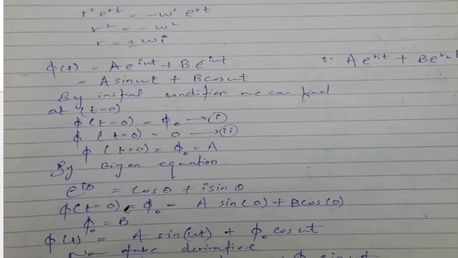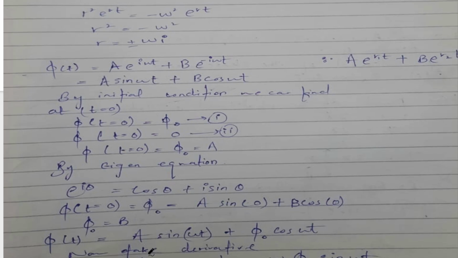When time is 0, theta will be 0. This phi naught shows that when t is 0 we have the equation of phi 0, so that's why we put it there. After solving it, sine 0 is always 0, so it gives the value of b.